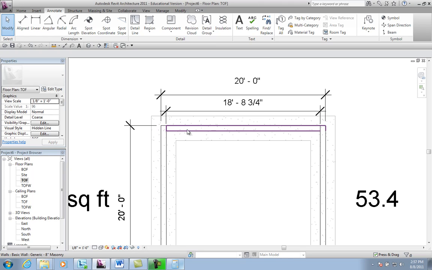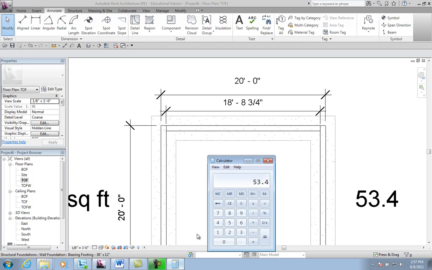So this whole block here is 7 5/8 inch. This one is too. You take both of those and add them up, which makes 15.25 inches, and then convert it into feet. 15.25 inches divided by 12 ends up being 1.2708, and then you subtract that from 20 foot.